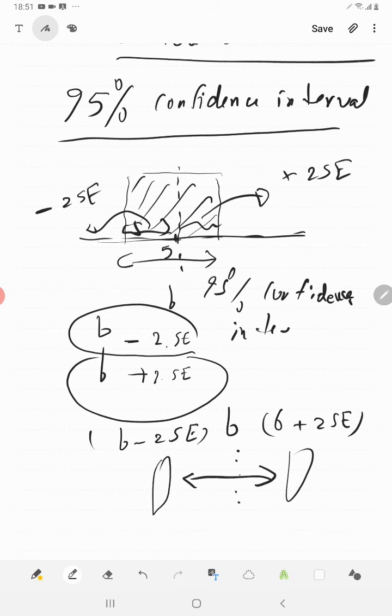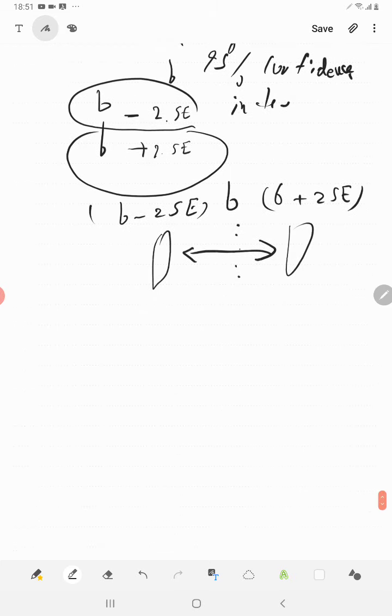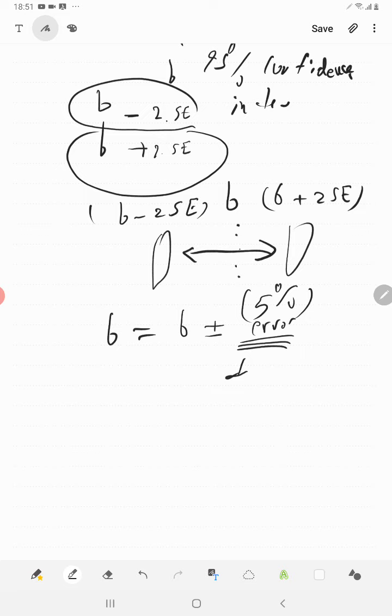I'll show you an example of how we calculate that. Meanwhile, we can say B is equal to B calculated plus or minus an error. This error, let's say 5% error, is actually SE times 2, but we divide by B, okay?